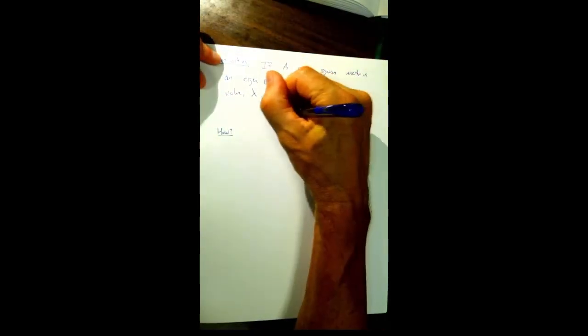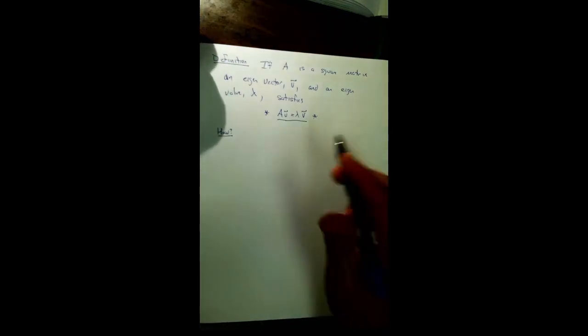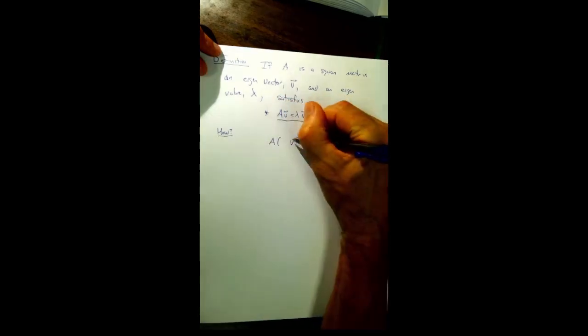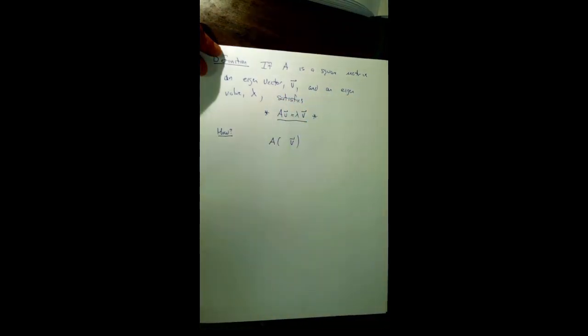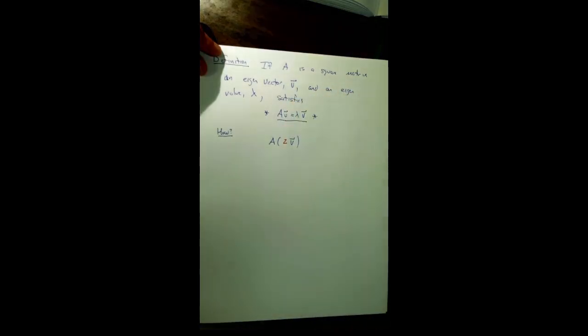And now the question is how do we do that? So we're going to go to this equation, this definition, and ask what does it imply? And here's going to be the thing to notice. Suppose v is an eigenvector. Now suppose I scale it and multiply by 2.